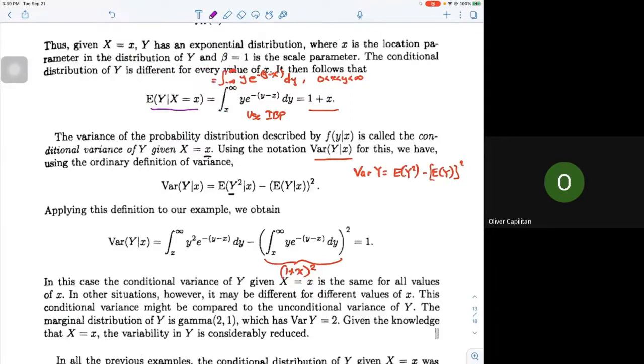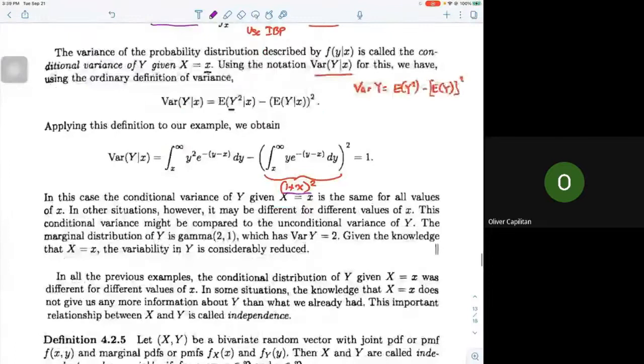Okay, so if you evaluate this, the answer is equal to 1. So in other words, the conditional variance of y given x is a constant, not a function. In this case, the conditional variance of y given x is the same for all values of x. In other situations, however, it may be different for different values of x, if it's not equal to a constant, which here is equal to 1.